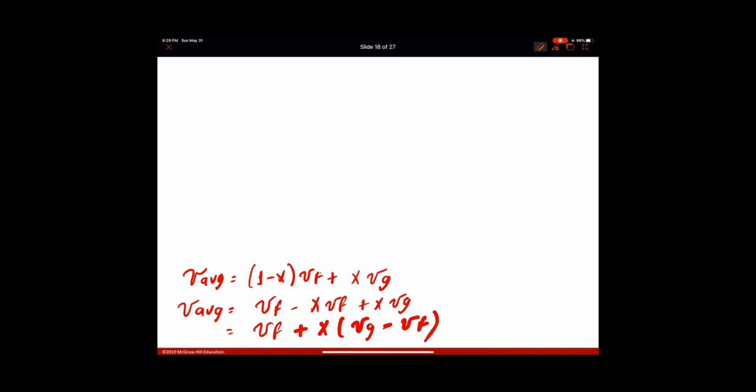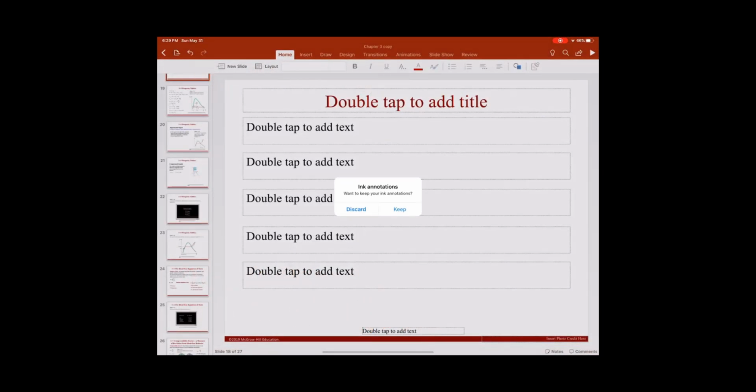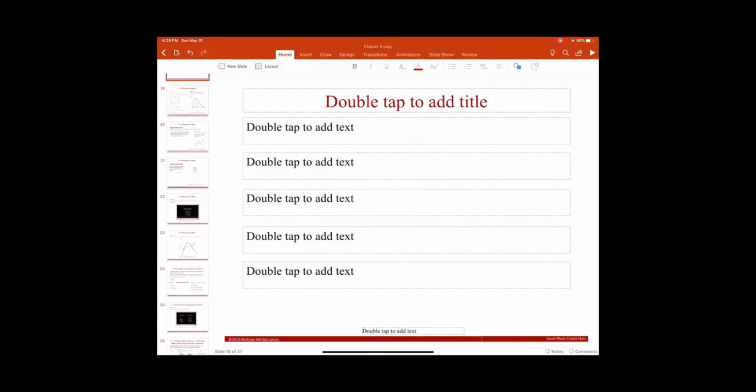If I keep developing or simplifying my equation, I will get that V average is equal to Vf plus x Vfg. Perfect. So that's the equation I was looking for. Sorry for before. Just one second, let me keep this.